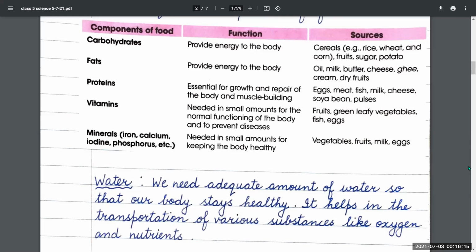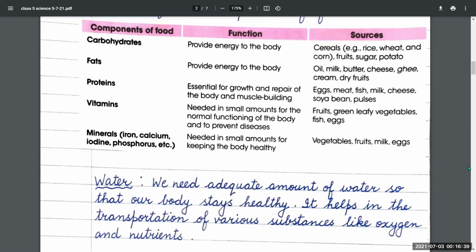Second component of food is fats that also provide energy to the body, and its sources are oil, milk, butter, cheese, ghee, cream, and dry fruits.